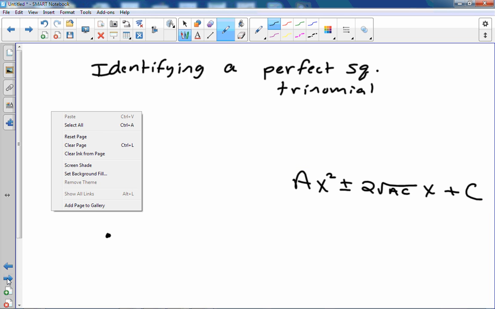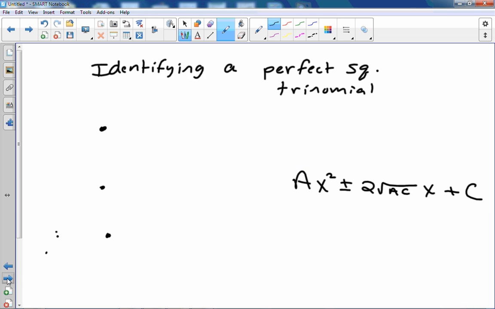First thing, before we can have a perfect square trinomial, the a and the c, the first and last terms, must be perfect squares.